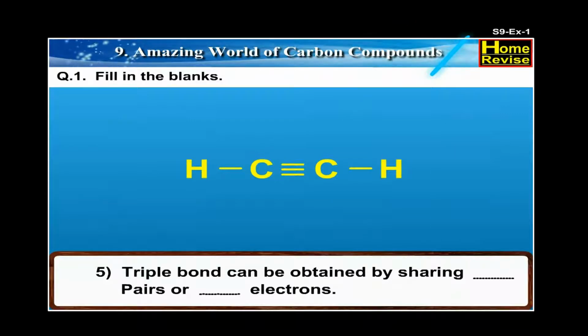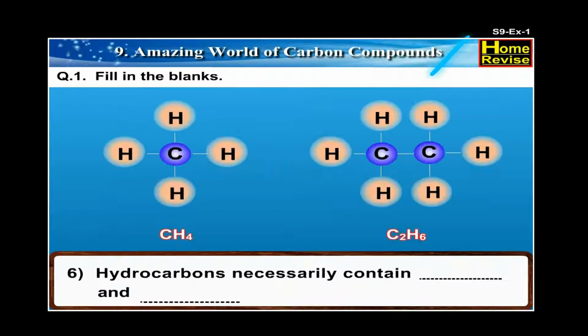The answer is triple bond can be obtained by sharing 3 pairs or 6 electrons. 6. Hydrocarbons necessarily contain dash and dash. The answer is hydrocarbons necessarily contain carbon and hydrogen.